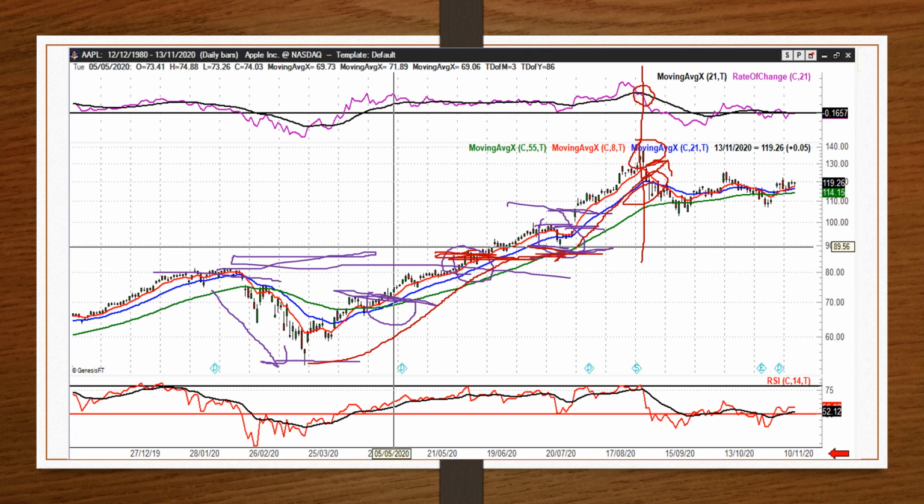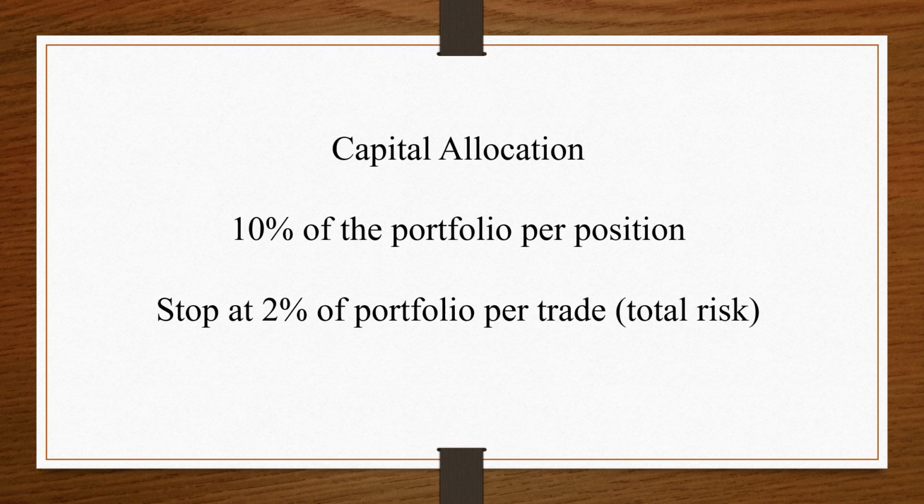So there's just one little aspect to cover now, and that's capital allocation, which we'll do right now. The final bit here.